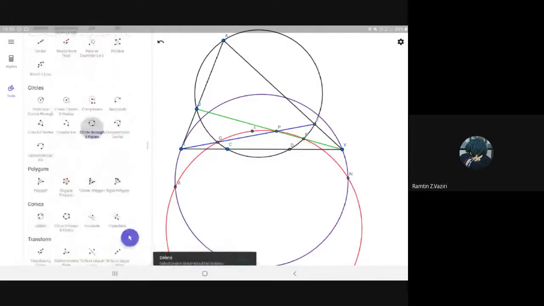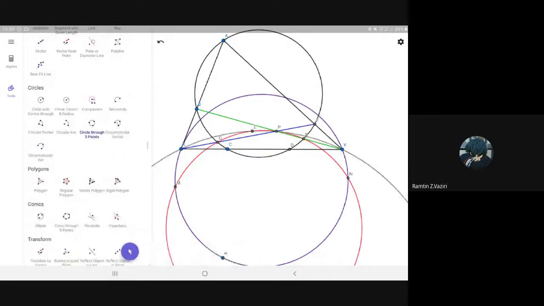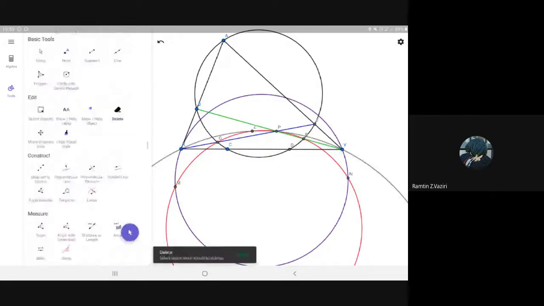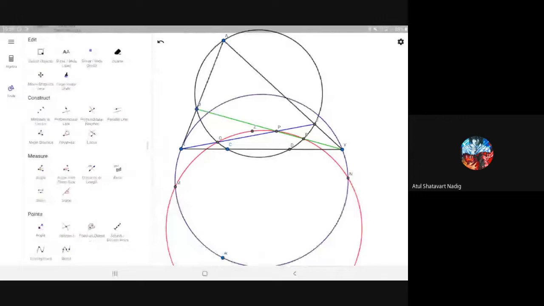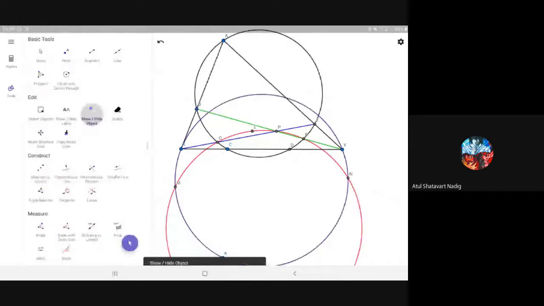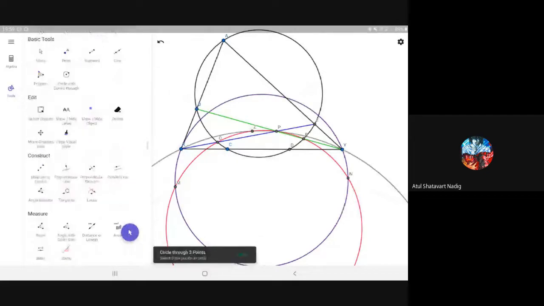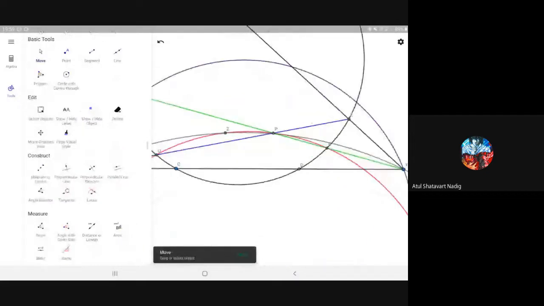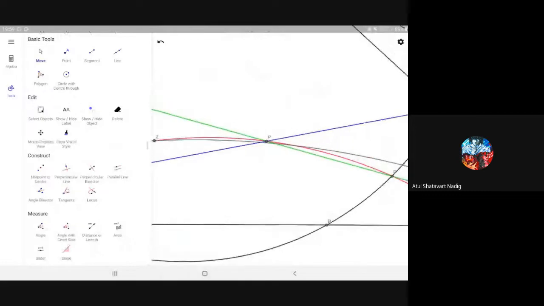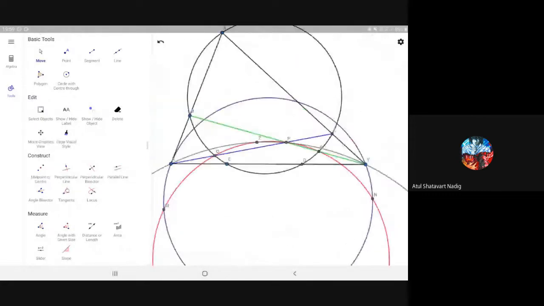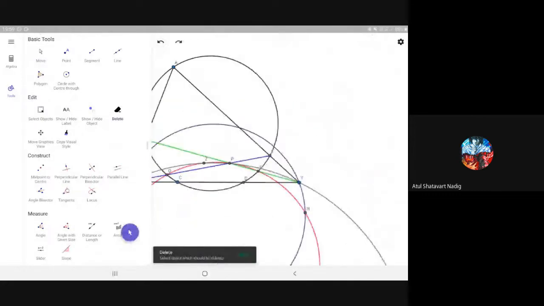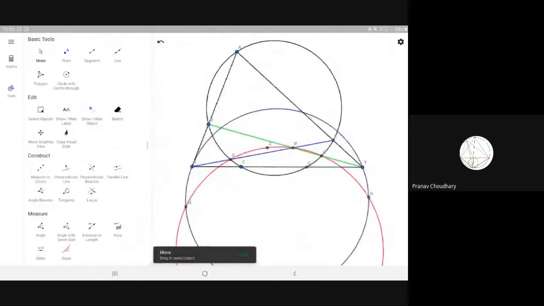Let's see. No, it's not. It actually intersects somewhere. It intersects at P. Does it? Oh, can you draw BD ones?